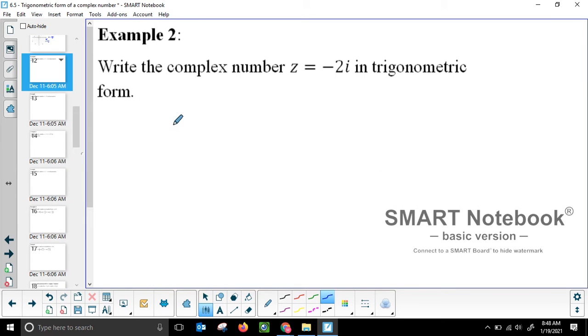Okay, so let's write the complex number z equal to negative 2i in trigonometric form. In order to write it in trigonometric form, we are going to need r and we are going to need theta.